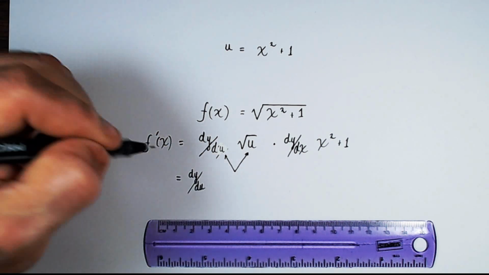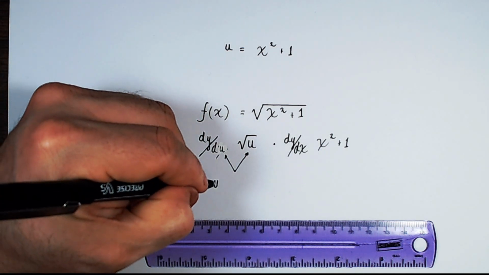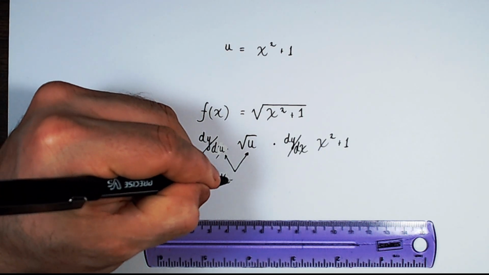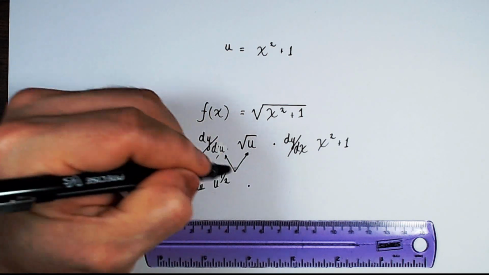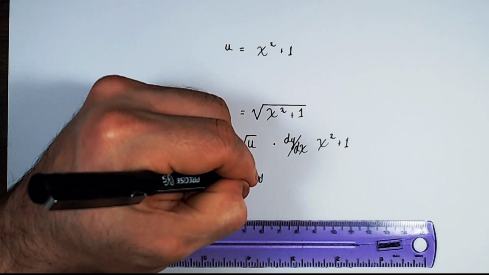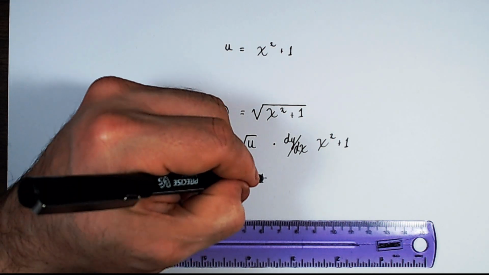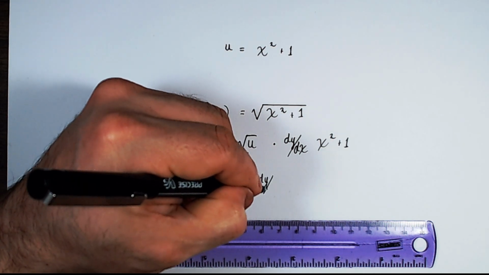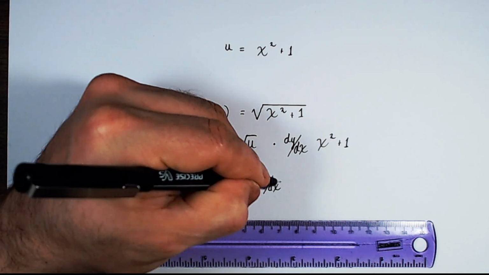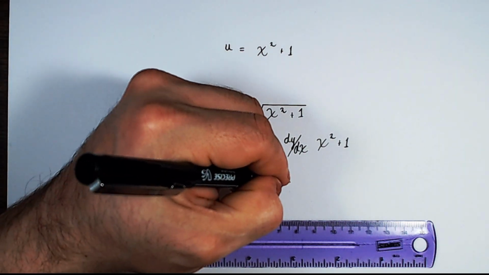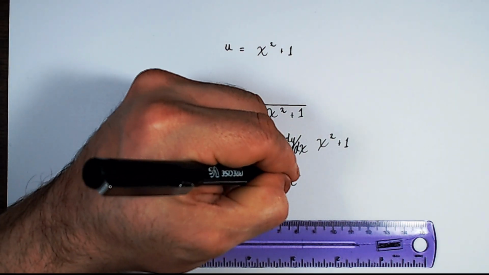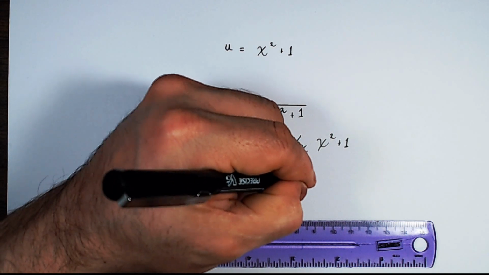So dy du of u to the 1/2, multiplied by dy dx of x squared plus 1.